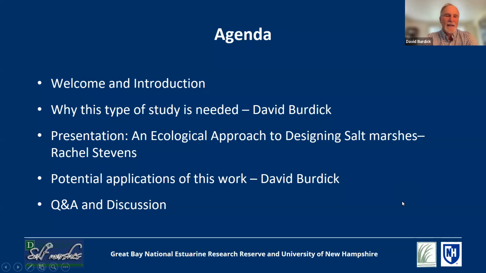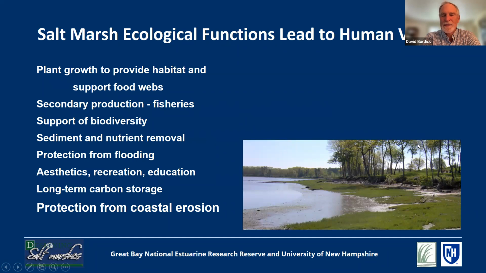Thanks, Lynn. And if Rachel could advance the slides, that'd be great. I'm just going to give you a little basic rationale for why salt marshes are important and why we want to keep working on them and why we need this information that's in Rachel's report. We know that these systems, by growing these fabulous plants at the water's edge, provide habitat and support food webs.